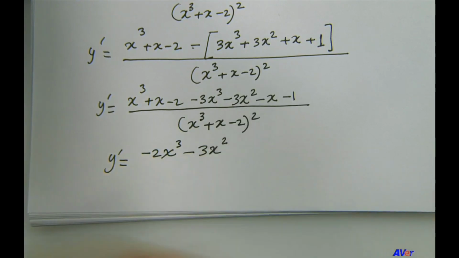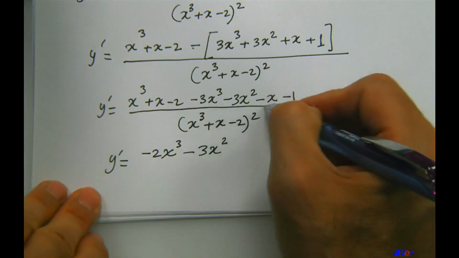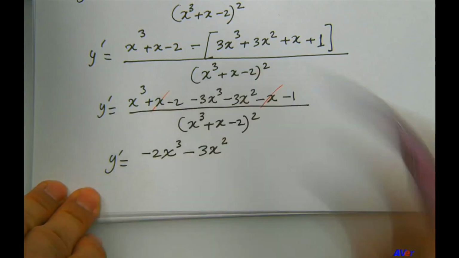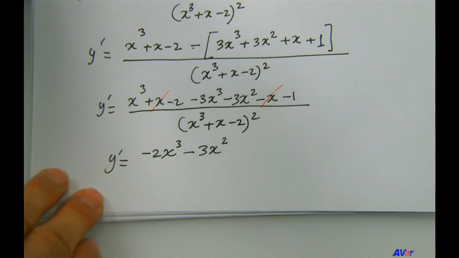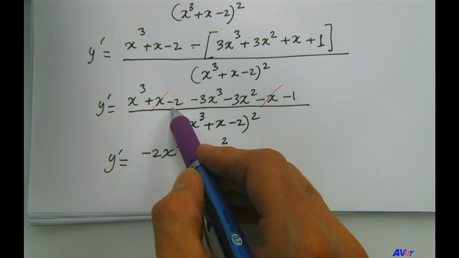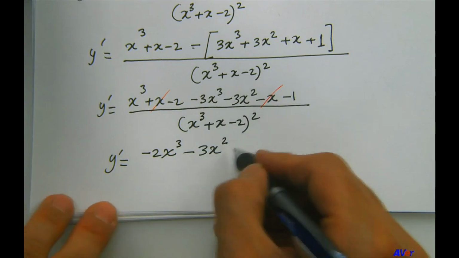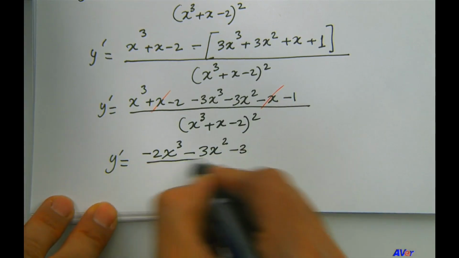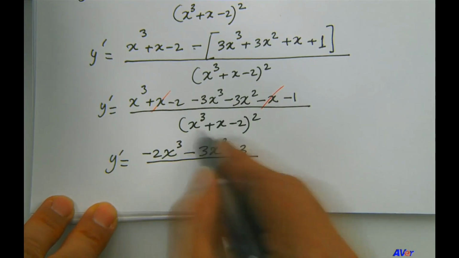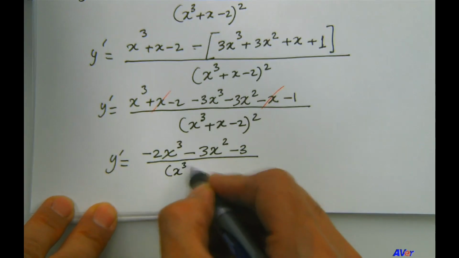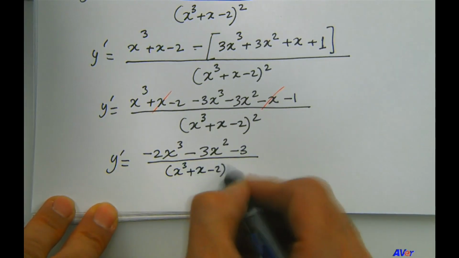And then, of course, the minus x and plus x cancel out. They add up to 0, right? Minus 2 minus 1 is minus 3. All of that divided by that x cubed plus x minus 2 squared.